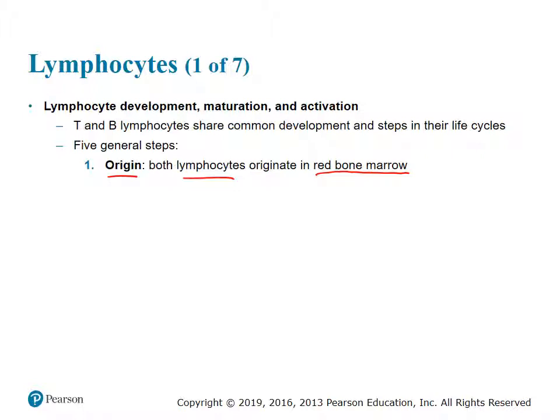So our body communicates with the red bone marrow, telling it we need B cells, T cells, or other white blood cells like eosinophils, basophils, platelets, or red blood cells. But all of them start at the red bone marrow. That's the origin of the B and T lymphocytes.